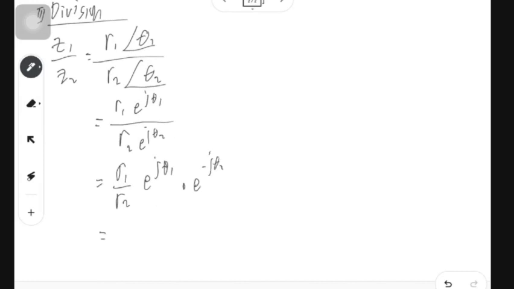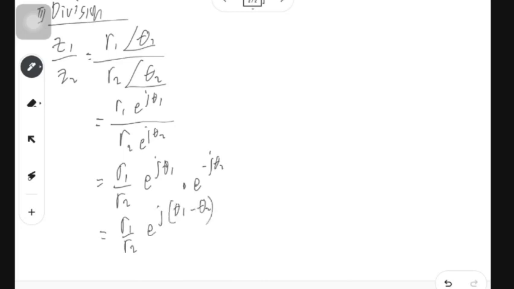Since they have the same base, considering the sign of the exponent, R1, R2, e to the j, theta 1 minus theta sub 2. And under the polar form, it will become R1, R2, bar angle of theta 1 minus theta sub 2.